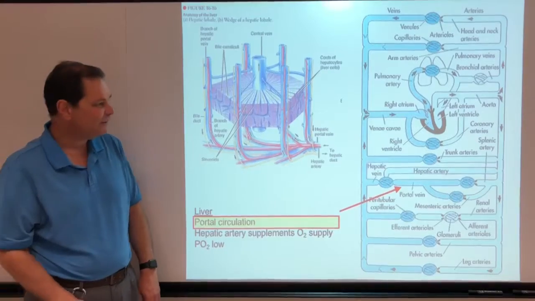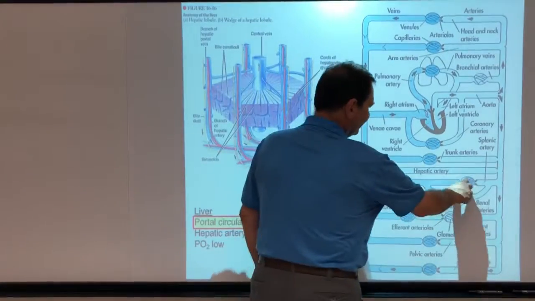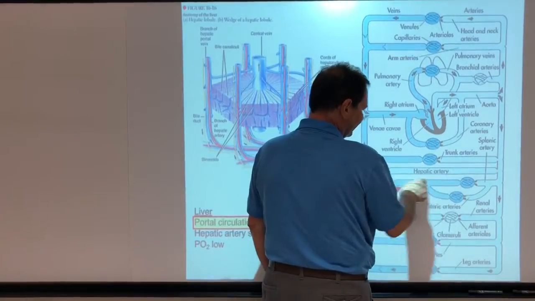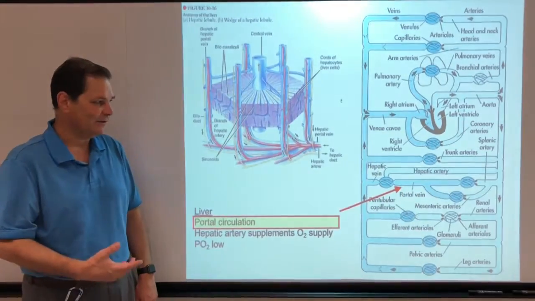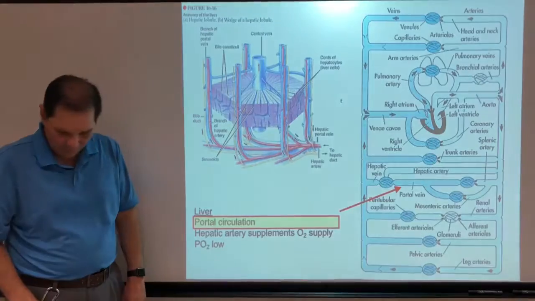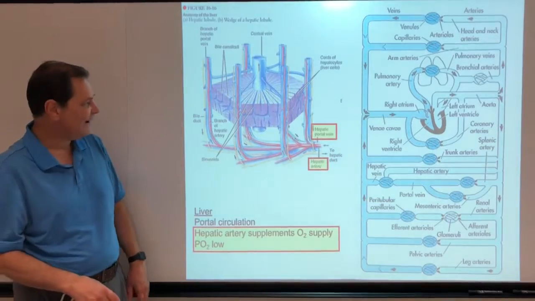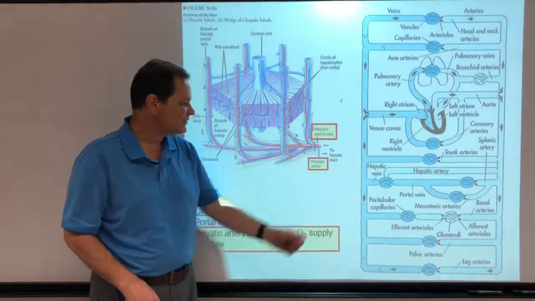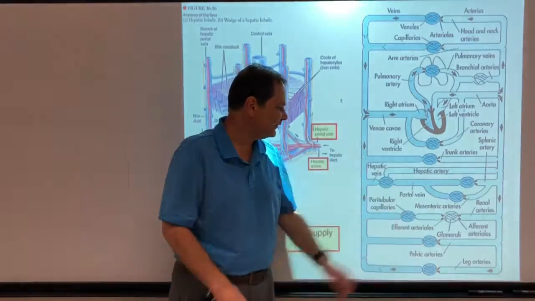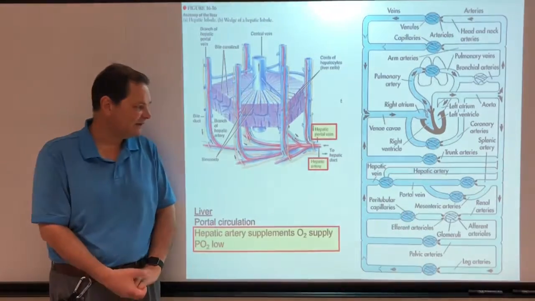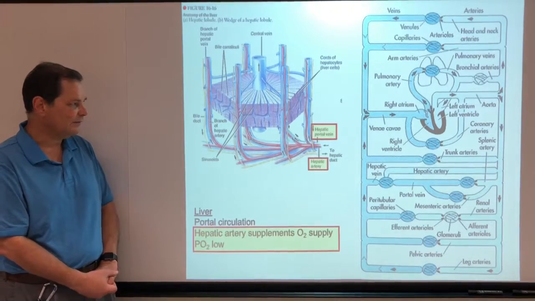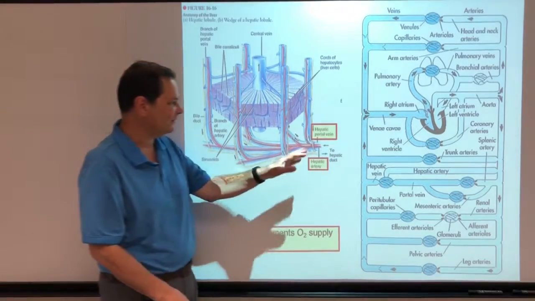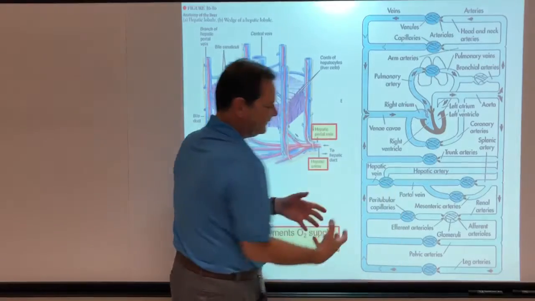What that means, because your intestines are eating up some of this oxygen, is that the amount of oxygen in this portal vein is relatively low. It's not like arterial blood. So you have a hepatic artery which goes in and supplements oxygen to the liver, but the oxygen is still lower than you might expect, because you're mixing this arterial blood with this venous blood.